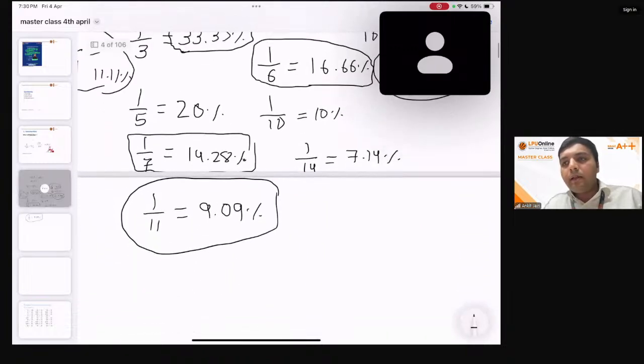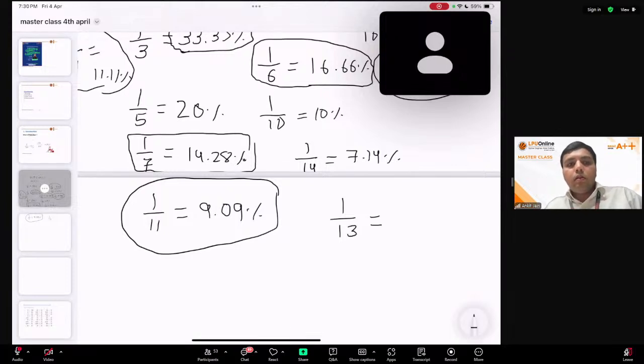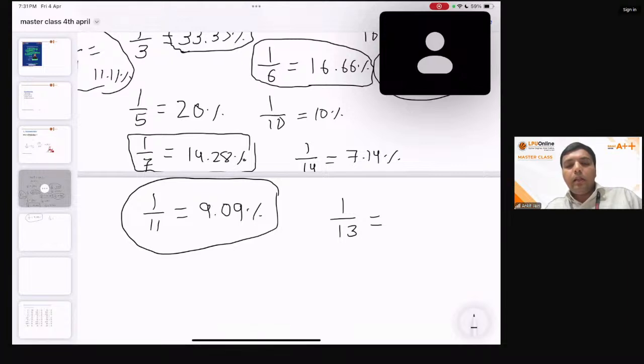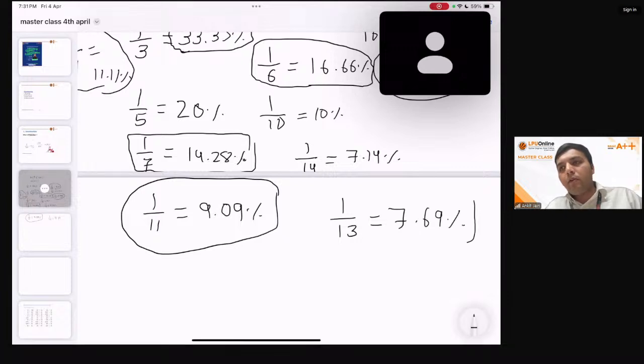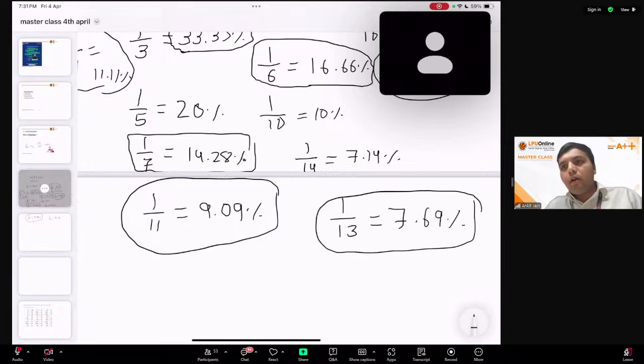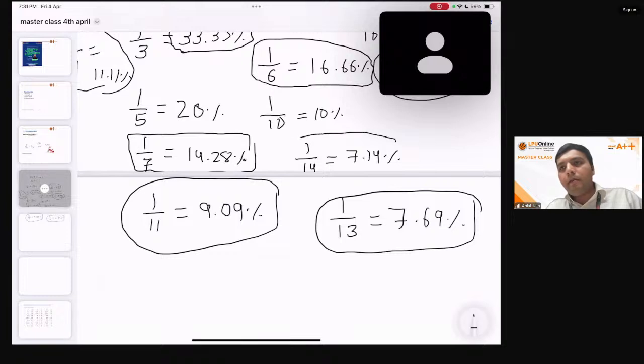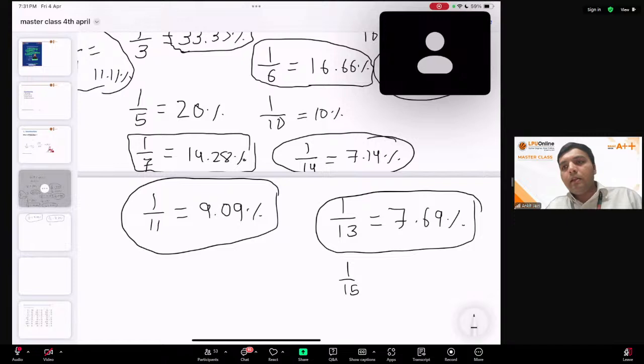What is the value of 1 by 13? 1 by 13 is 7.69%. This you have to remember. 1 by 14, half of 1 by 7, is 7.14. We have already discussed 1 by 15.